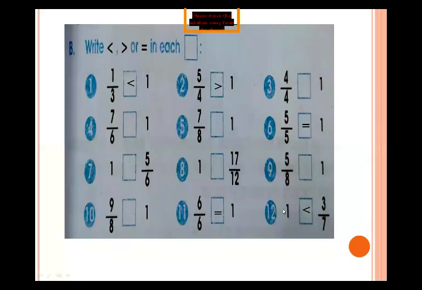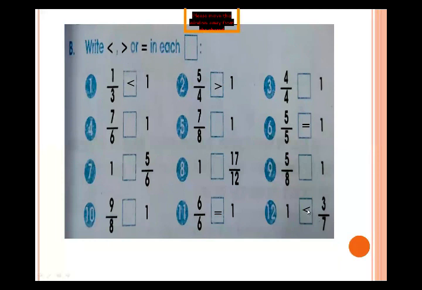Now move to the next example. Look here, 3 upon 7. The numerator is smaller than 7, so it is less than 1. 1 is greater than 3 upon 7.